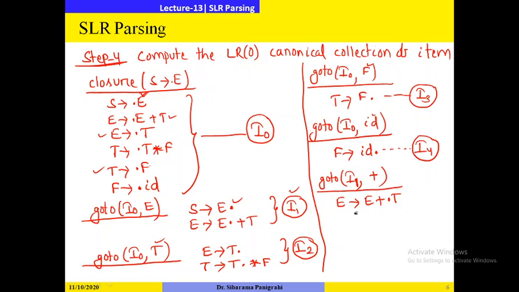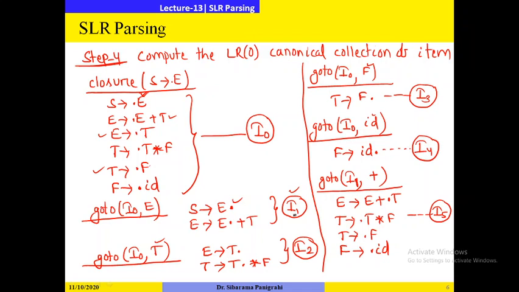Okay. So all the T productions means what I will get? T gives to dot T star F. T gives to dot F. So here you see, here I have got dot F. Dot F means what I have to do? I have to include all the F productions. So F gives to dot ID. So now you see, I will name it as I5.